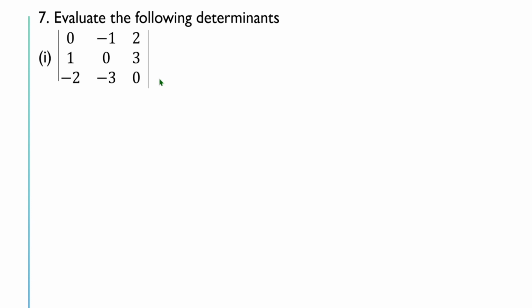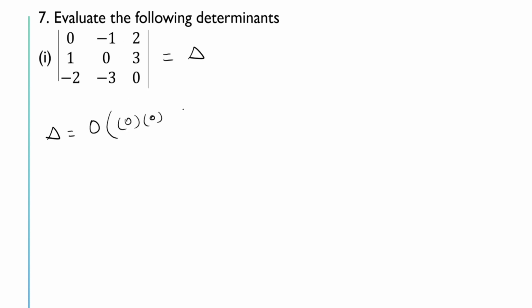Evaluate the following determinants. So we have to find the determinant of [0, minus 1, 2; 1, 0, 3; minus 2, minus 3, 0]. So let us take this as delta. Then delta is equal to 0 into, so we have to delete the first row, first column and take the remaining elements.